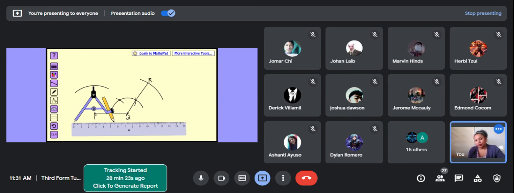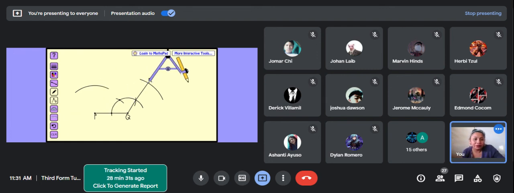And then you're going to go at R and draw an arc that crosses these two. My one barely touches it, but yours should be able to touch it, right? And then you just connect your points over there and over there. And this point is going to be S.